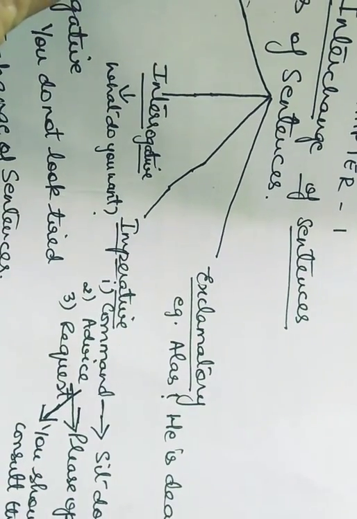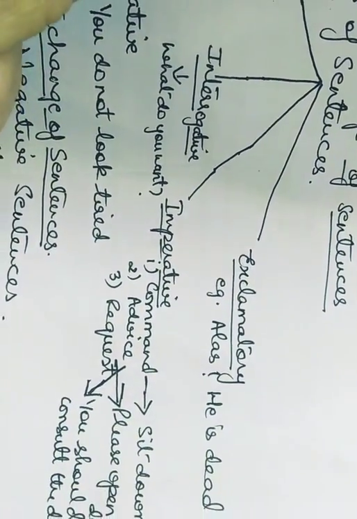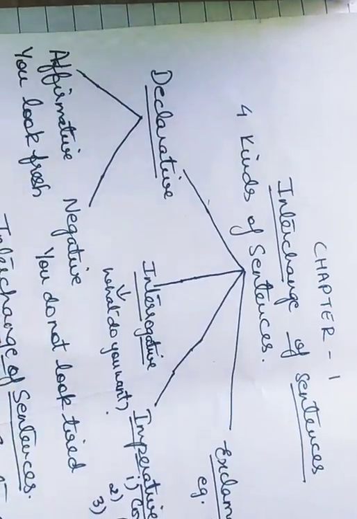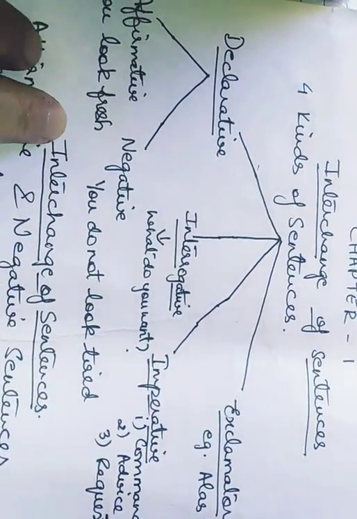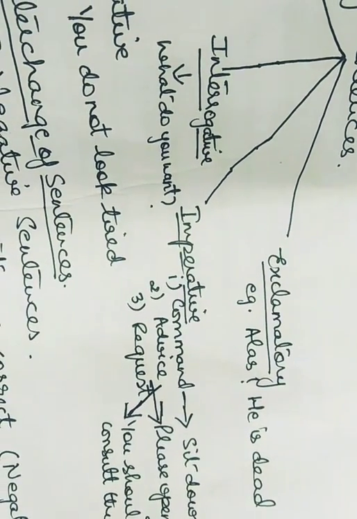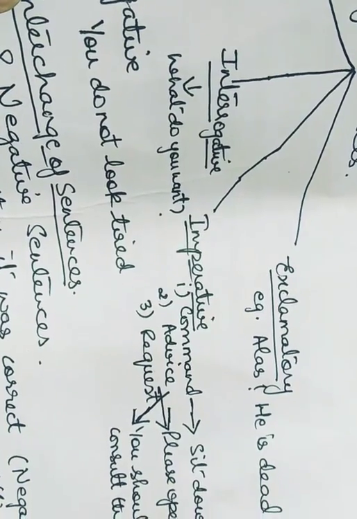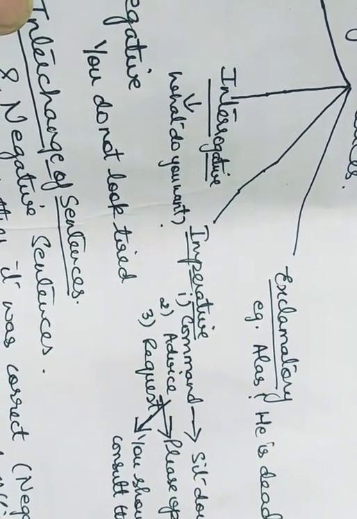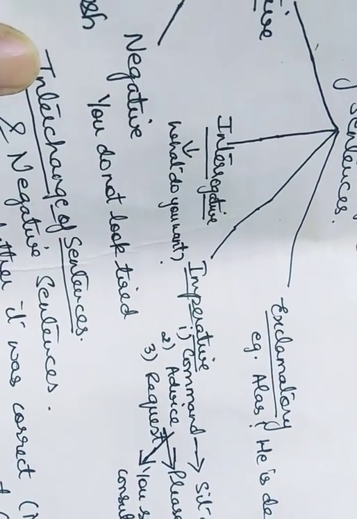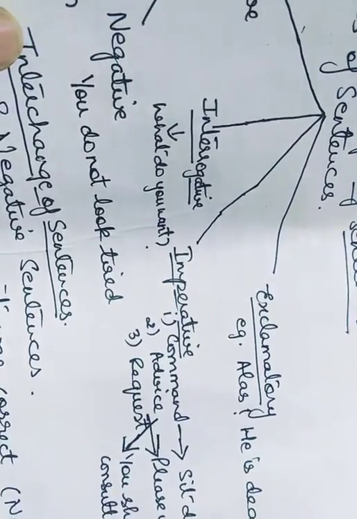So that's an order or a command. Next we have the advice, and you can see in the example, advice says, you should consult the doctor. Then we have request. Please open the door. You can, children, see the arrows, how the examples are given with the help of these arrows. Alright, so these are the 3 types of imperative sentences.